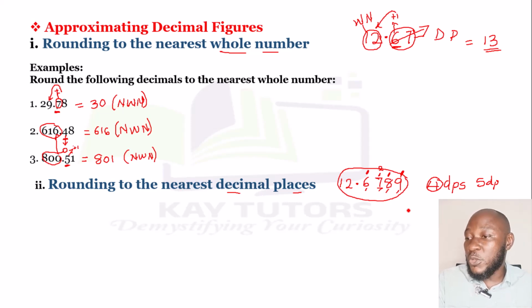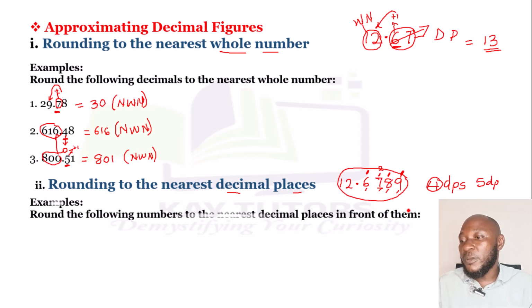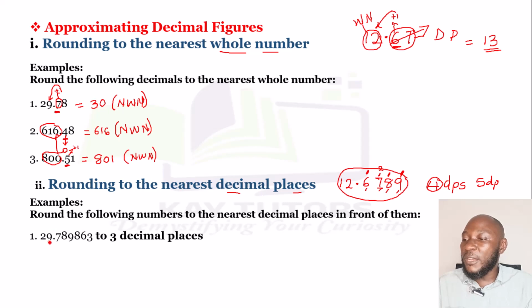Okay, so let us solve some examples. Round the following decimal numbers to the nearest decimal places in front of them. The first one here is: round 29.78983 to 3 decimal places.